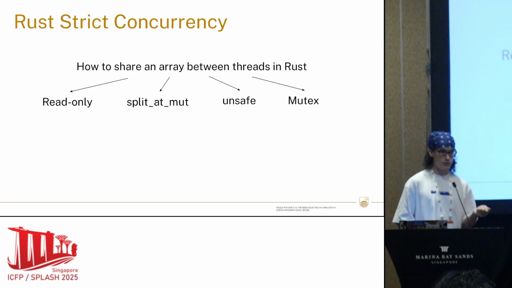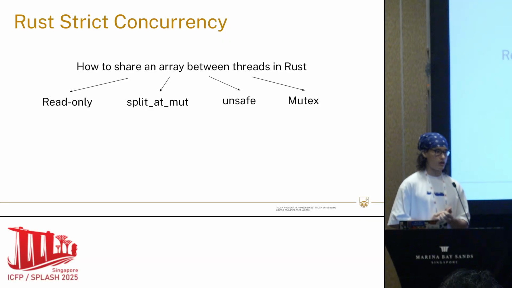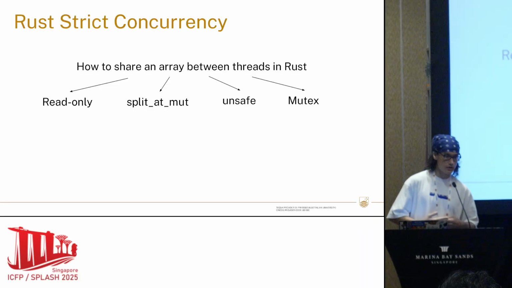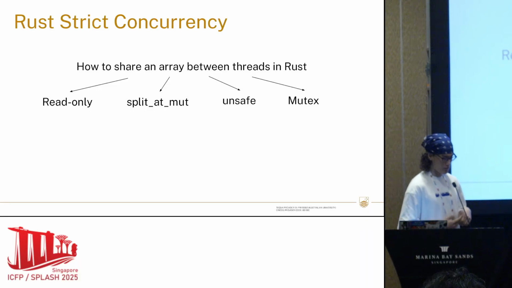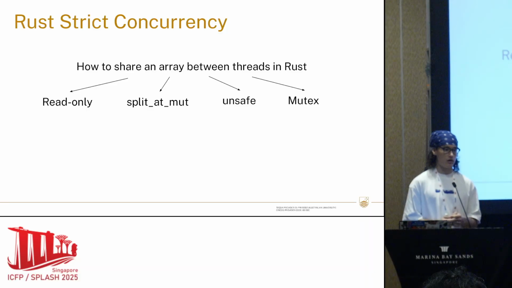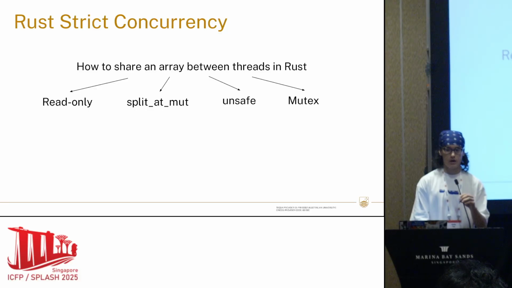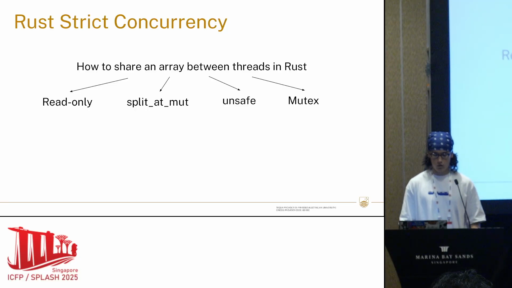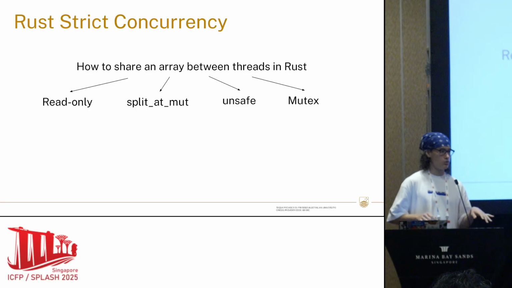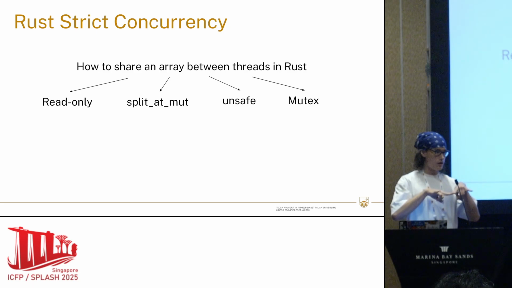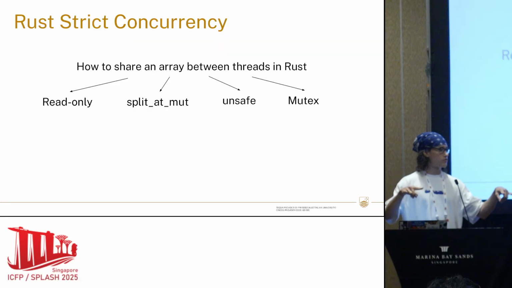There are different ways how to do that, or how at least to do simpler things than that. One of them is you can share the array in read-only mode. This way, you can just read from the array in 2 threads, 3 threads, whatever. Or you can split the array and get 2 non-intersecting mutable views over the array and then pass them to 2 different threads.